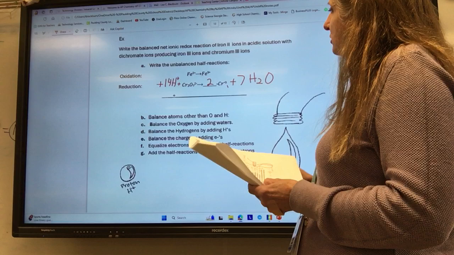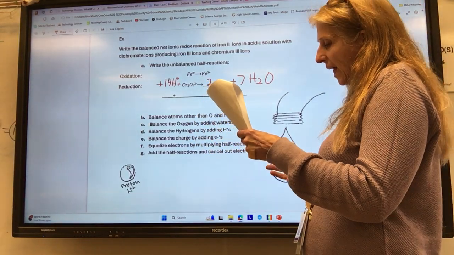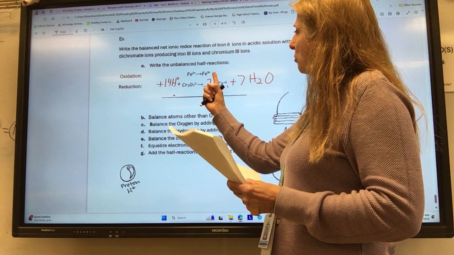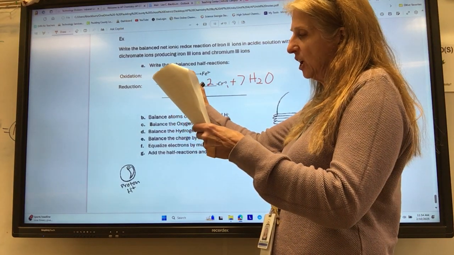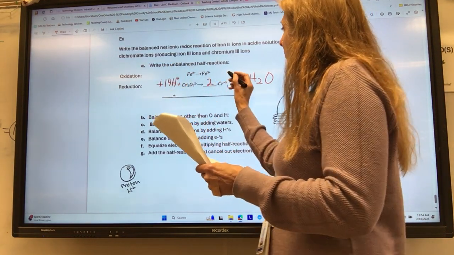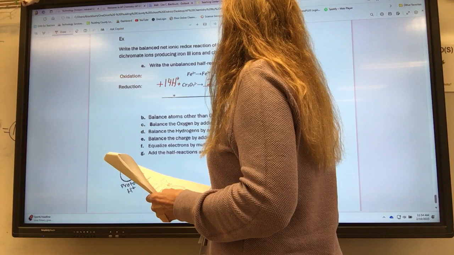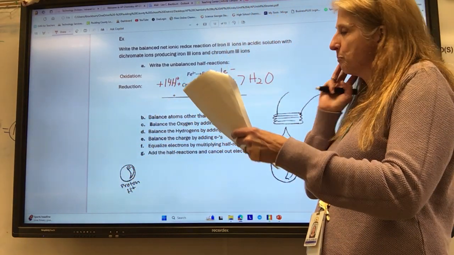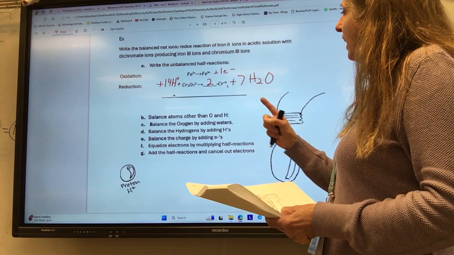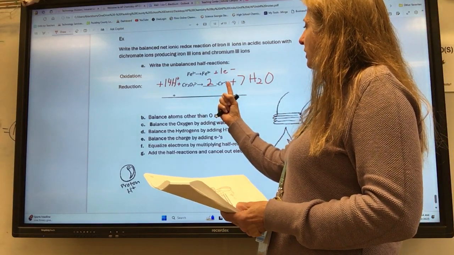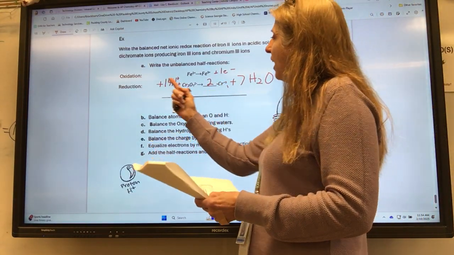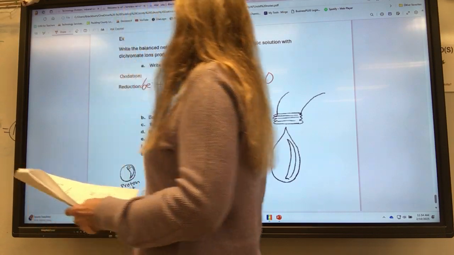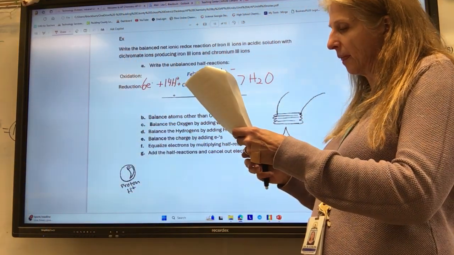Now we're going to balance the charges by adding electrons. So over here I've got +3, and here I have -2. So I need to add 1 electron over here so those balance out. Do you see that? Here I've got 2 times 3, which is 6 positives. I need 6 negatives over here. So I add 6 electrons over there.